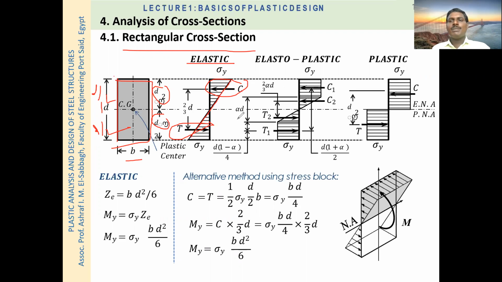Why elastic? Because in the elastic behavior, stress is directly proportional to strain. You can see here stress is increasing, and strain is increasing, so the linear variation is shown here.